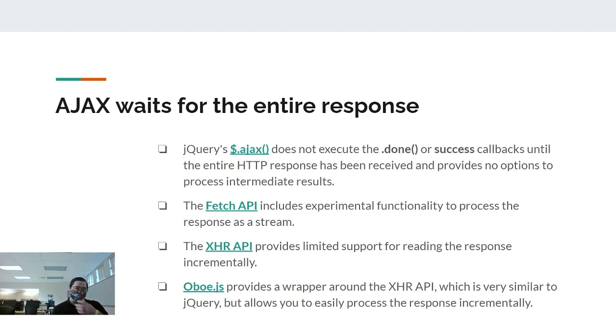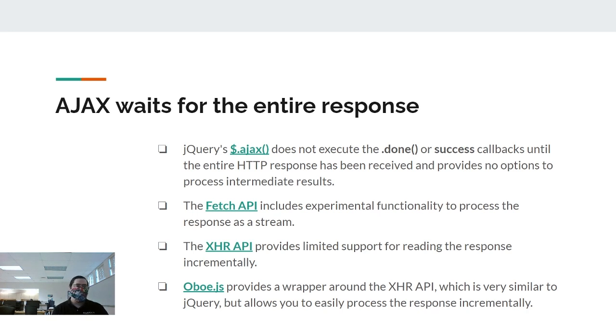But there are some other options available now. For instance, the Fetch API is the newest way to do Ajax requests, or asynchronous requests. It's very similar to how Ajax works, but it doesn't require a third-party library. It's built into modern browsers.